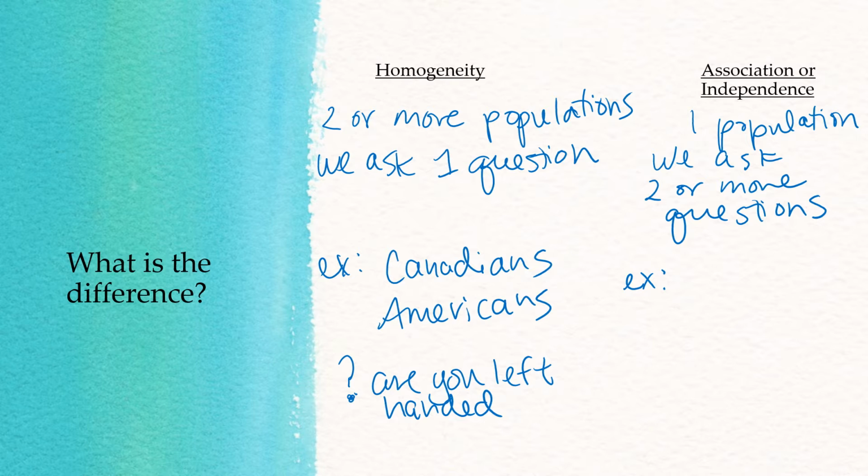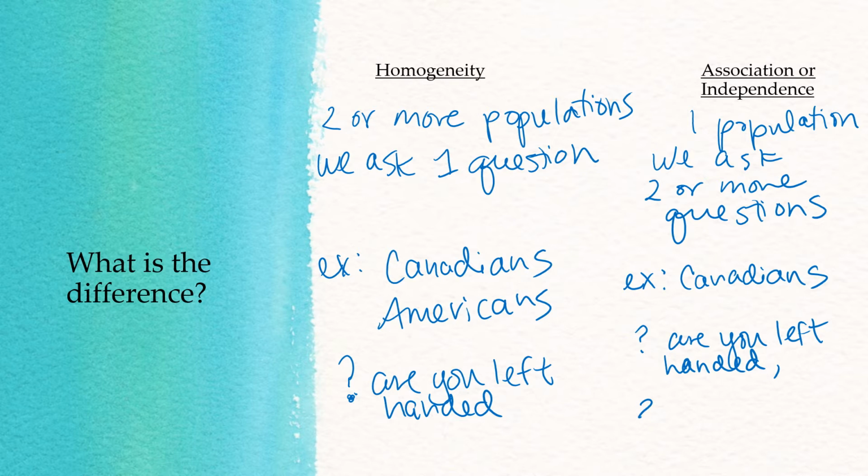So maybe I have a group of Canadians, and I ask them two questions. The question is, are you left-handed? And the other question is, what color are your eyes?